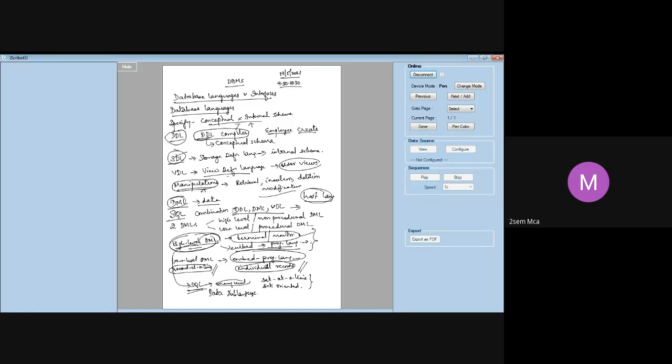What is a data sublanguage? Whenever DML statements are embedded into a programming language, that programming language is called the host language, whereas your DML language will be called a data sublanguage. Okay.